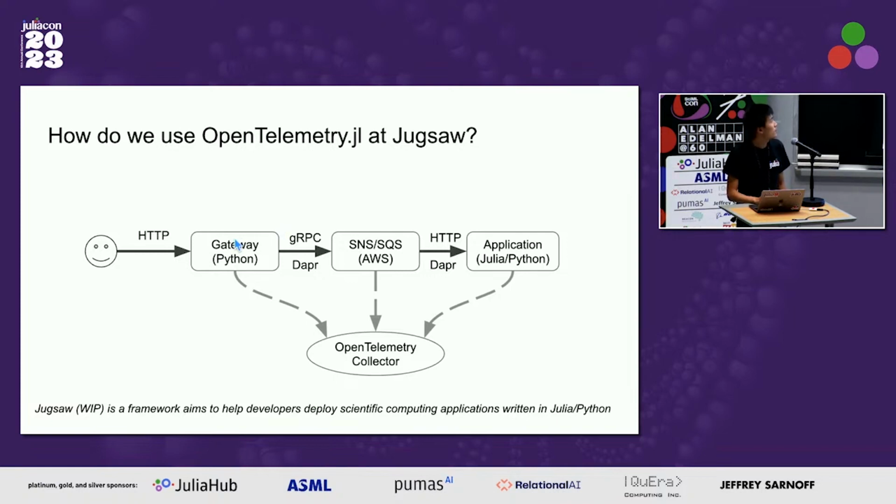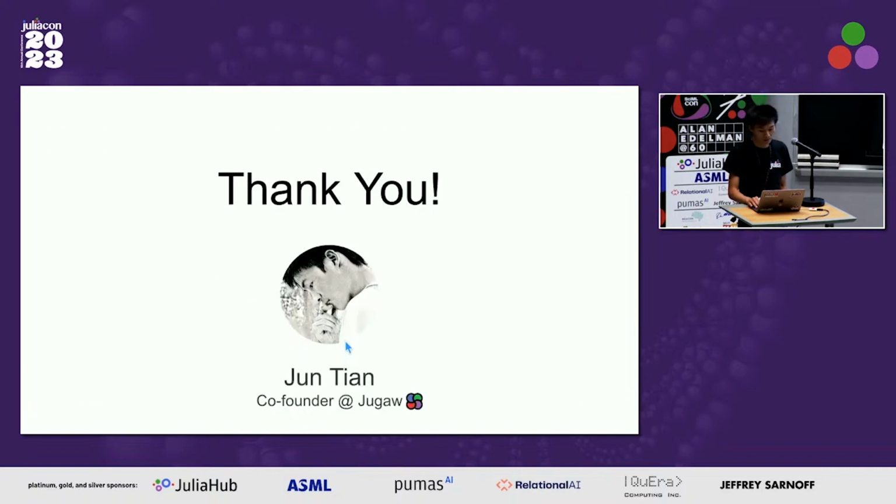So here we first receive a request from the client side, then we have a gateway written in Python, and then the messages are passed to AWS SNS and SQS through Dapr, and Dapr helps us forward the message to the specific applications. And for all these components, the OpenTelemetry data will be collected to a centralized place. Okay, thank you. This is my talk today.